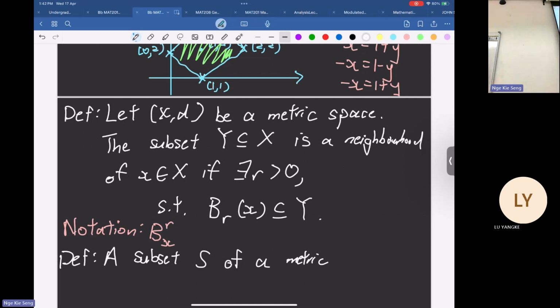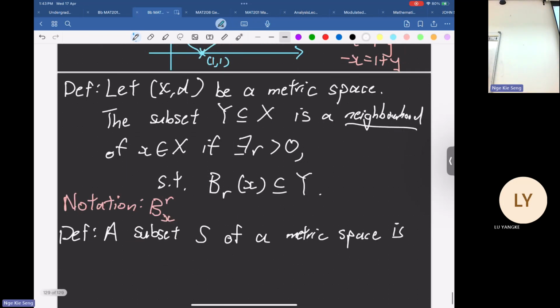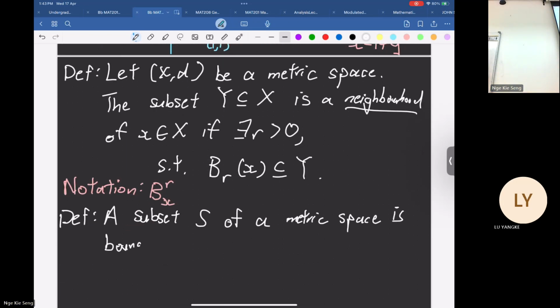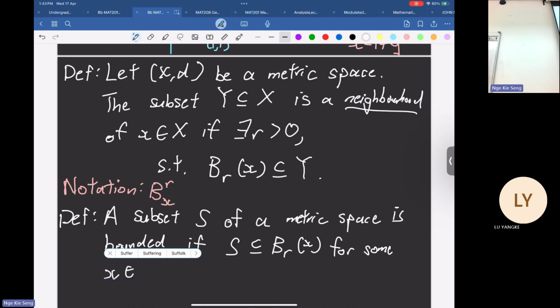A subset S of a metric space is bounded if S is a subset of some open ball. So you are bounded if there's some open ball that bounds you. There's a ball that bounds you, then the subset is bounded.